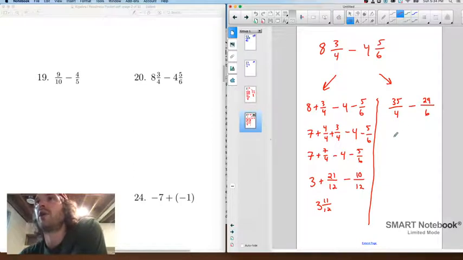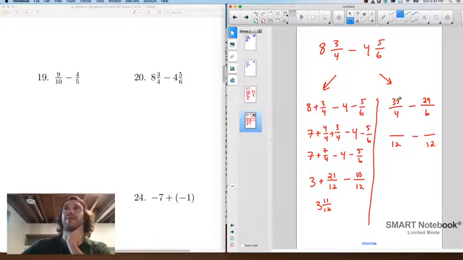Okay, now we know the common denominator is 12. So it's something over 12 minus something over 12. 4 times 3 is 12. So we're going to do 35 times 3. 30 times 3 is 90. And 5 times 3 is 15. So 90 plus 15 is 105.